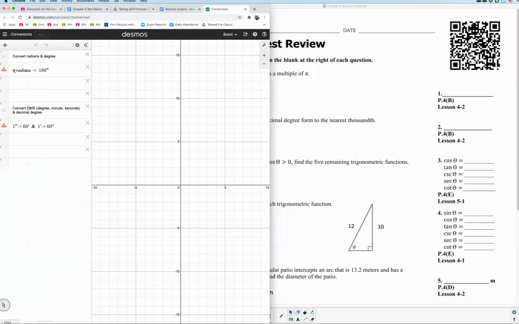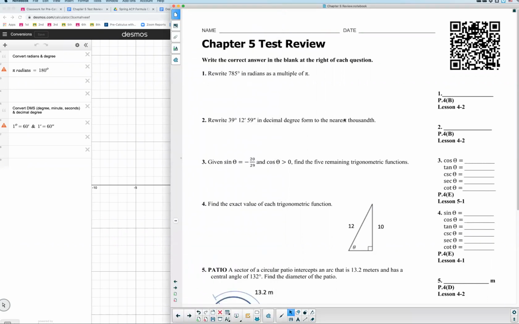When I open that up, it reminds us that pi radians is equal to 180 degrees. So pi radians is equivalent to 180 degrees. What does that mean for converting? If you want to convert 785 degrees to pi radians, you need to remember that pi is equal to 180 degrees. In your science classes, you learn that if you're multiplying by degrees and dividing by degrees, the degree symbols cancel each other out.